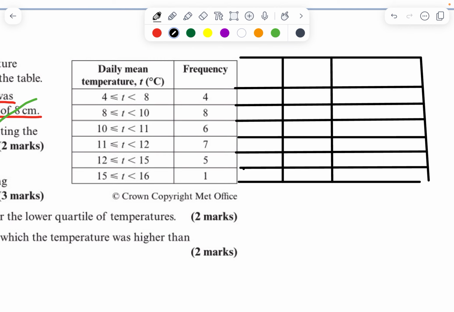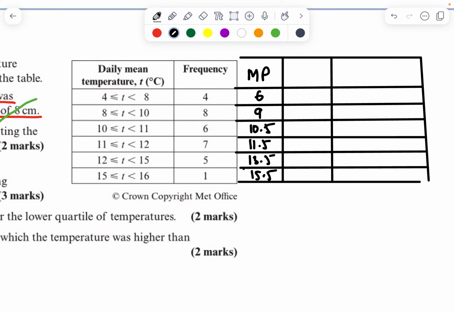Okay, right, so what I'm going to do, I'm going to include my midpoint here. So midpoint, remember the quickest way to do this, 4 plus 8 is 12, half that, midpoint is 6. 8 plus 10, 18, half of that is 9. So my midpoints are these. Right.